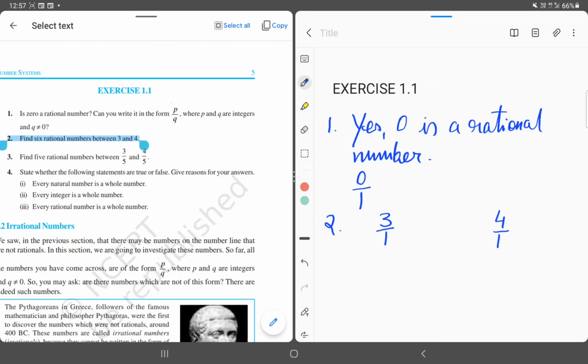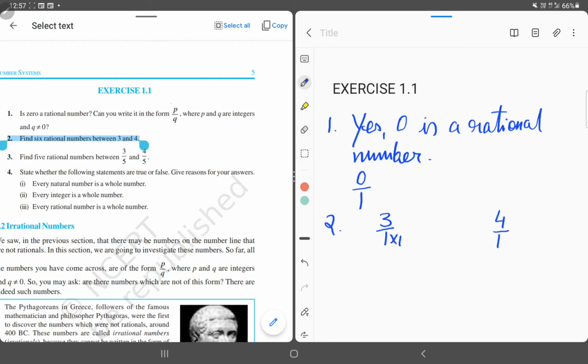If no denominator is written, it means 1 is there. Now if you multiply the same number to numerator and denominator, the value of the rational number doesn't change. We have to find 6 rational numbers, so you can multiply any number greater than 6 to numerator and denominator.